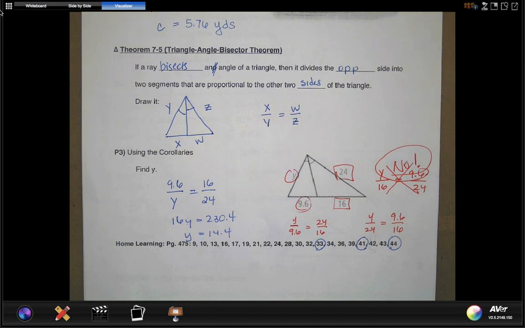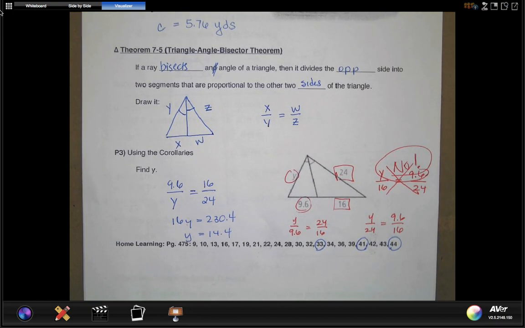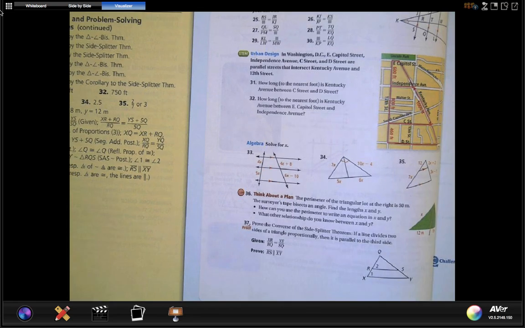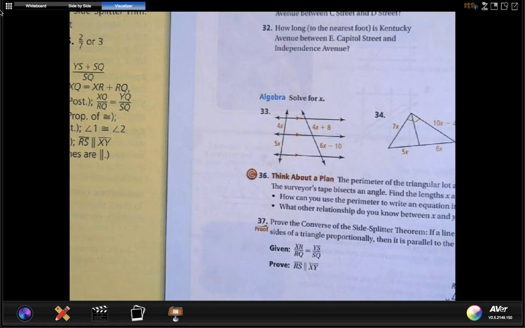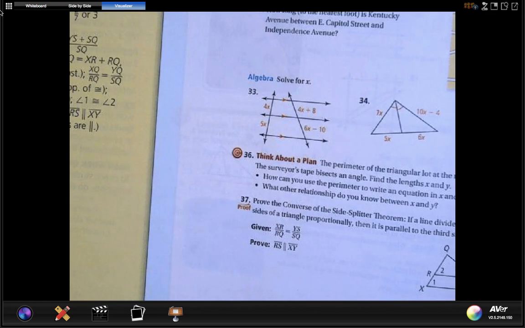All right, so again, I've got a couple homework problems I'll do with you here. So 33. You can see that we've got those parallel lines going on there.